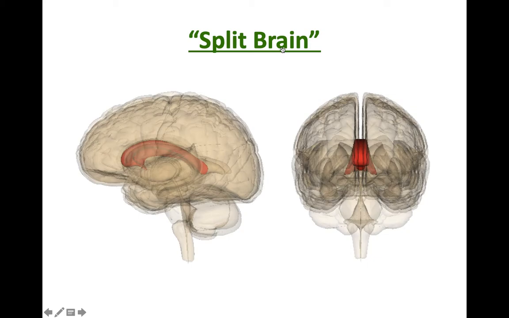So he's seated in front of a computer, and one of the tasks that he's being asked to do is read information on the screen. Sometimes a word or a picture is flashed briefly in his right visual field. Okay, well, what do we know? Because of this contralateral processing, when information is presented in the right visual field, it's processed in his left hemisphere.